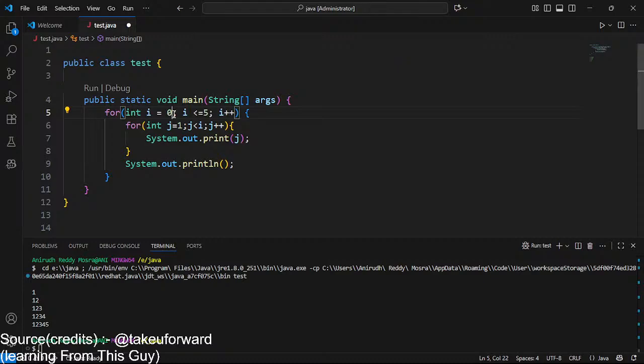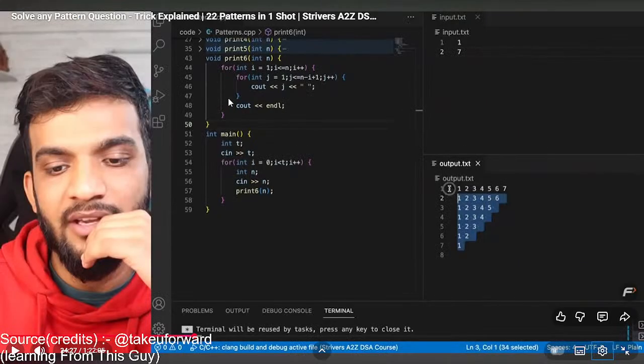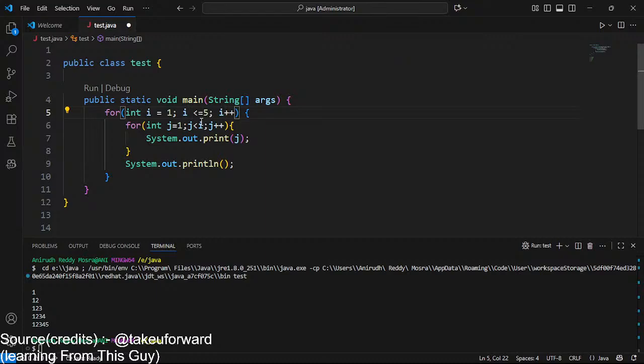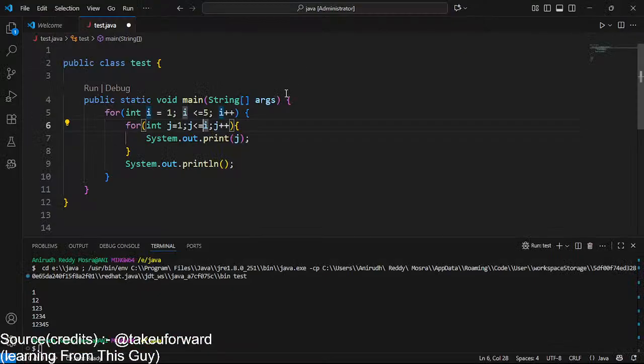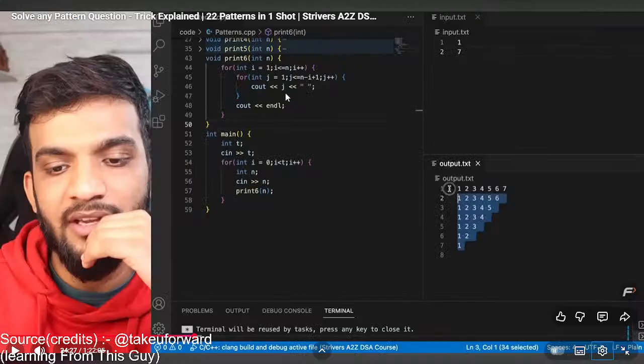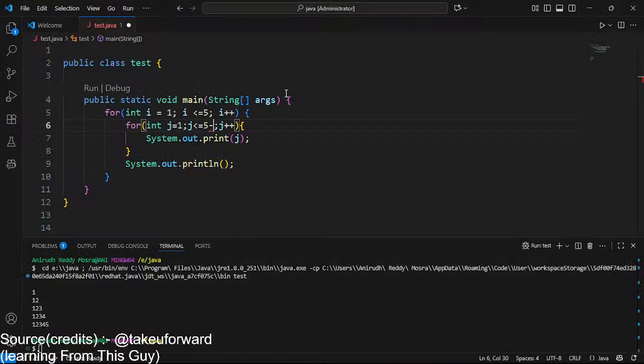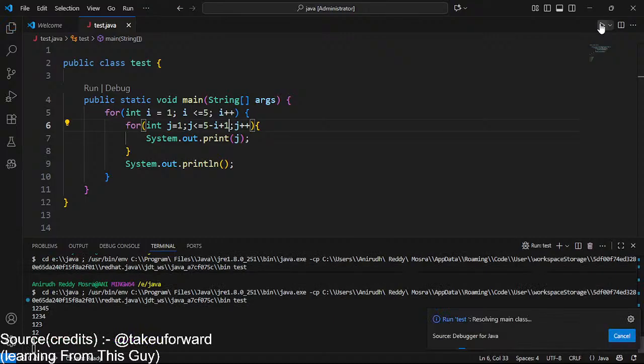So both are 1. Then I equals to 5 minus I plus 1. So to print I.